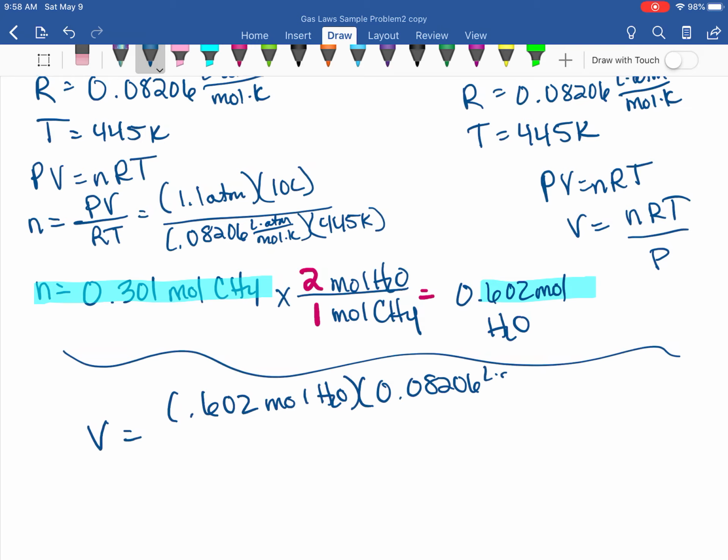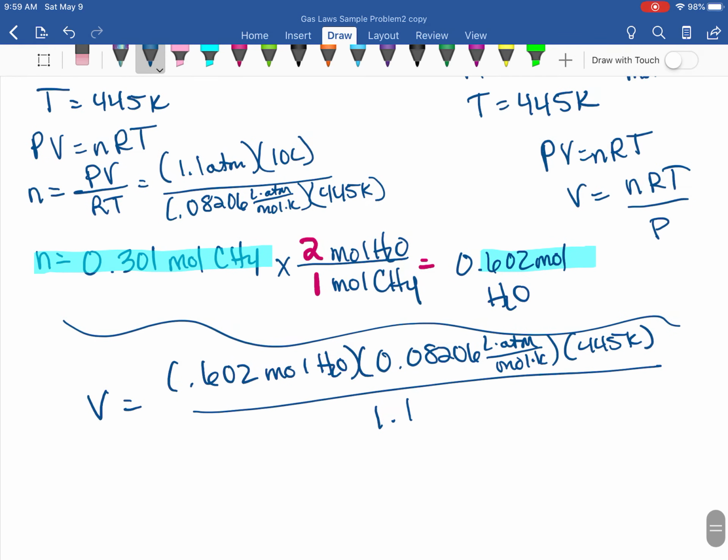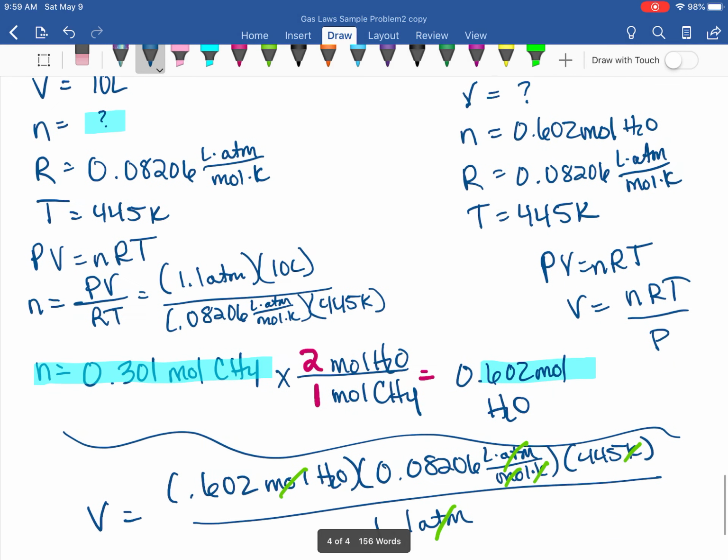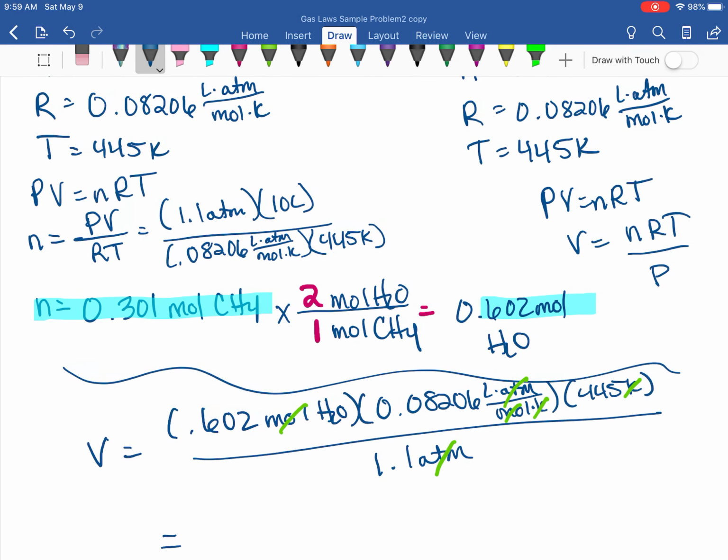And then our gas constant. And then temperature. All divided by, I think it was 1.1 atmospheres. Quick, let's just do some canceling here. Perfect. Okay, grab your calculator, let's do it.